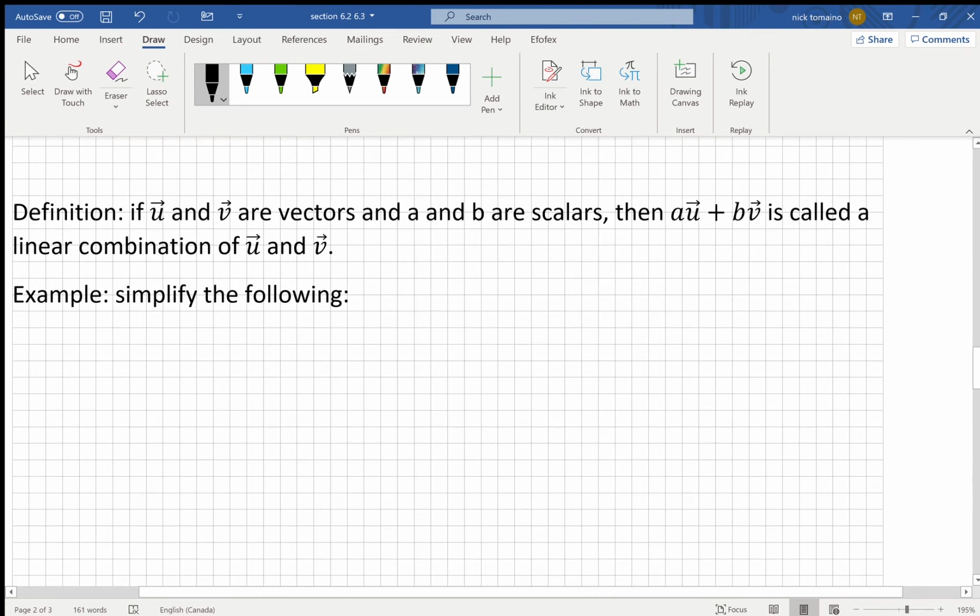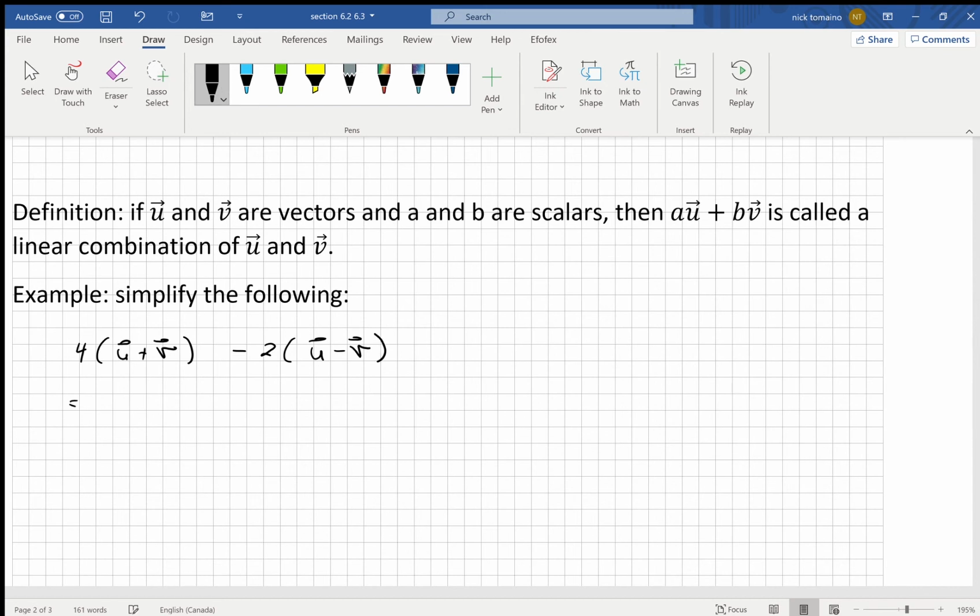These are ones that we sort of just looked at, but I'll give you another one. Let's suppose that we have 4 times the quantity U plus V, minus 2 times the quantity U minus V. What we do is use our distributive property.